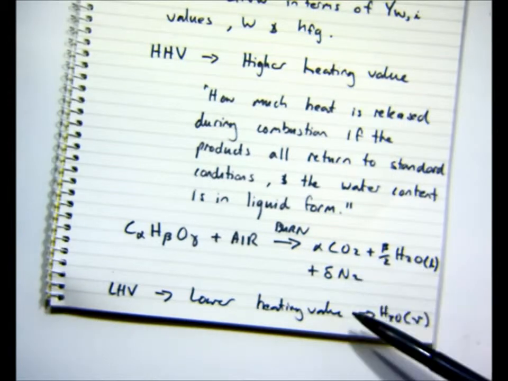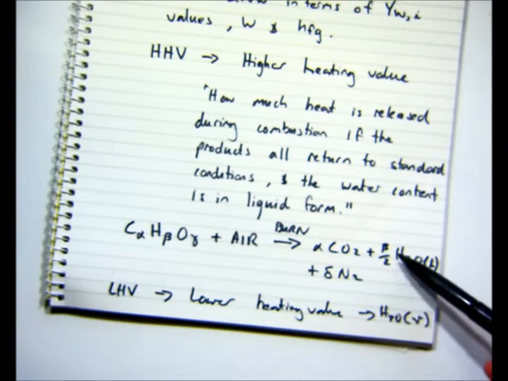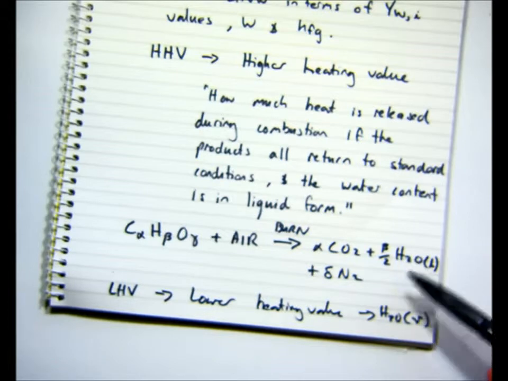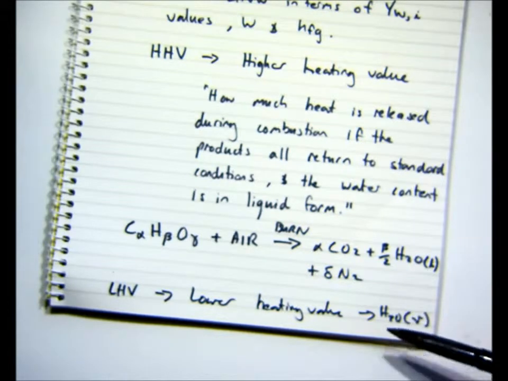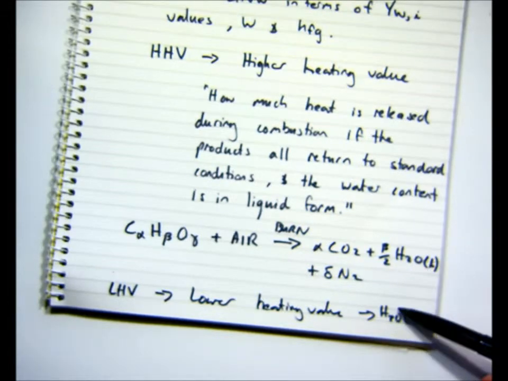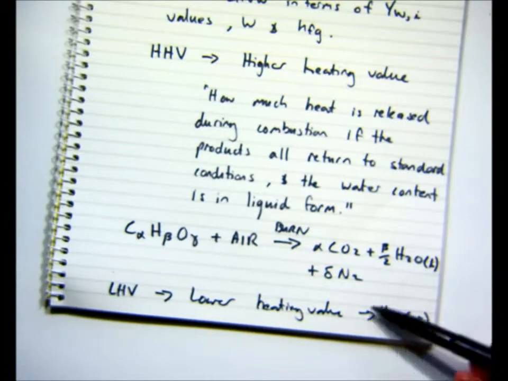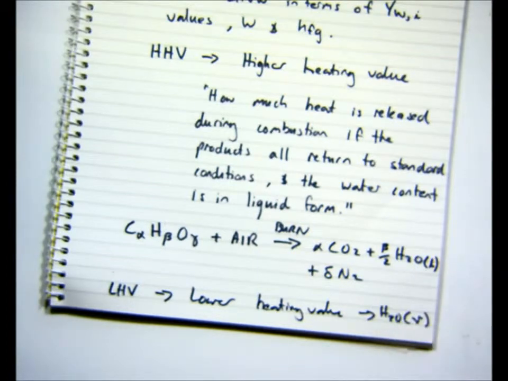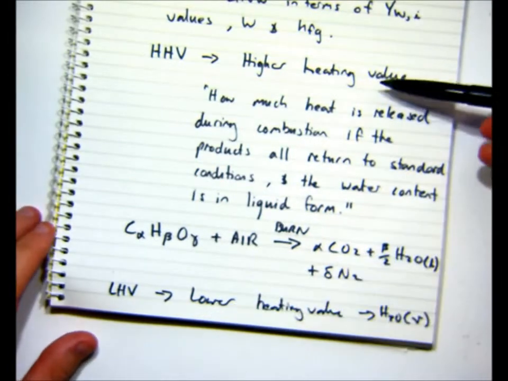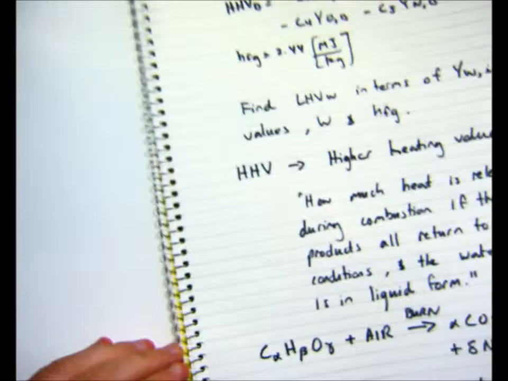So what I'm saying there is that the difference between HHV and LHV is the state that the water is in the product composition. If the water is still in vapor form, there is still some latent energy in that vapor water. If you allow that vapor to condense, then you release the latent energy and you get more net heat out of the reaction. So that's all the difference is between LHV and HHV, just the state of the water.